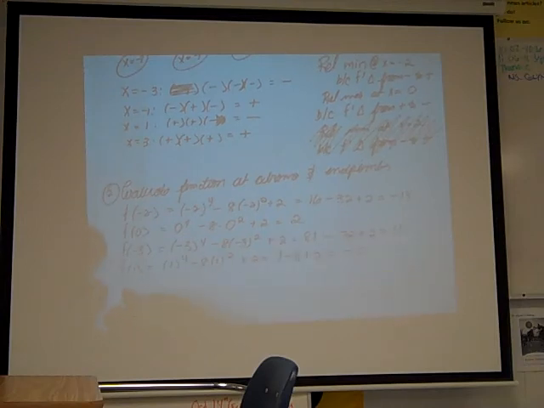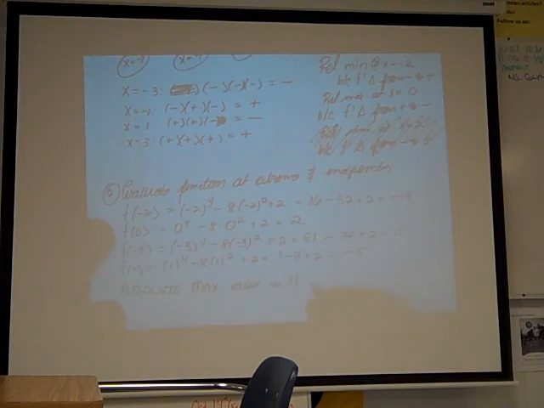If I want absolute extrema, where do I see the absolute maximum point? I have an absolute maximum value, given these four choices. Absolute maximum value is 11, which occurs at x equals -3.